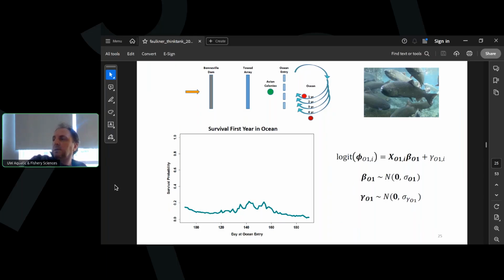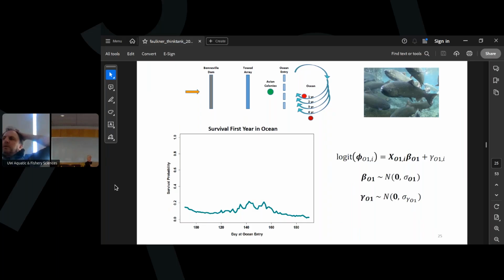You can get daily upwelling, daily flow out towards the estuary, and these can affect the size of the plume. There are all kinds of things that can affect it. Is this the day it leaves the ocean? Yeah, this is the day of ocean entrance, which you're assuming determines survival in the ocean.